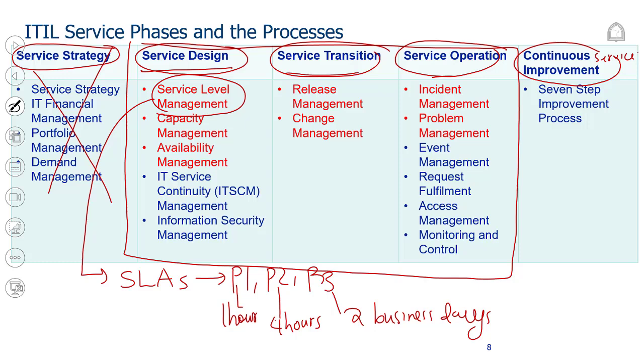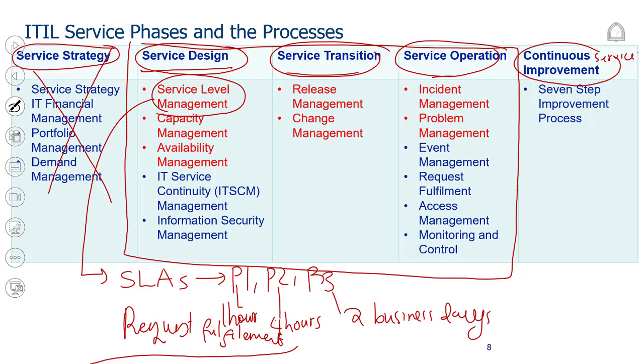The other thing, for example, let's say they raise what is called a request fulfillment. And here, let's say I'm a manager. I've got a new staff who has walked in. I need his account to be created, okay, so that he can have access to the network. He needs to have a laptop and everything else.